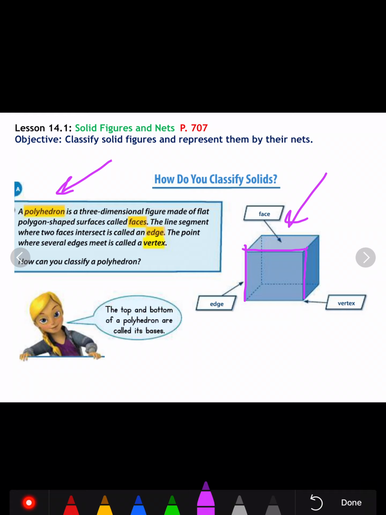Here we have 3 edges, for example, and the point where several edges meet is called a vertex. So here a vertex, here a vertex, here 3 edges meet, so it's a vertex. It's like the angle. The top and the bottom of a polyhedron are called its bases.